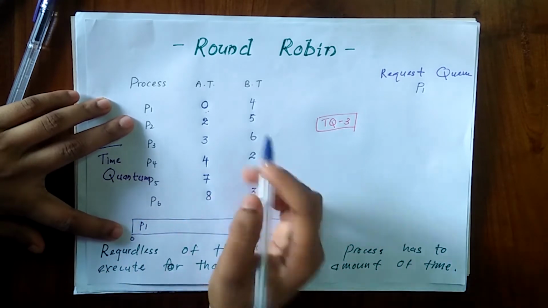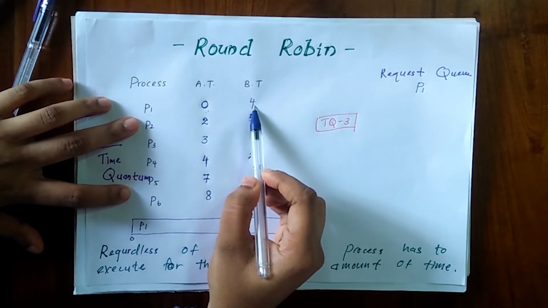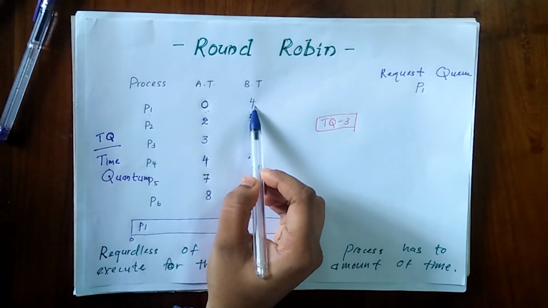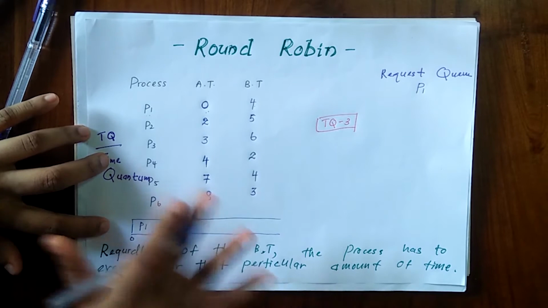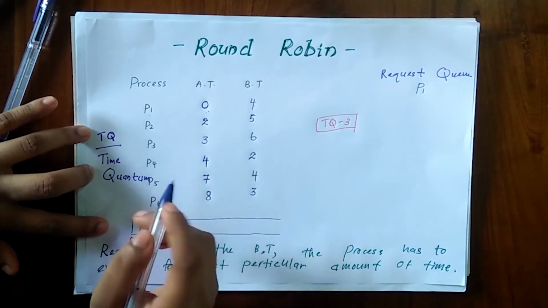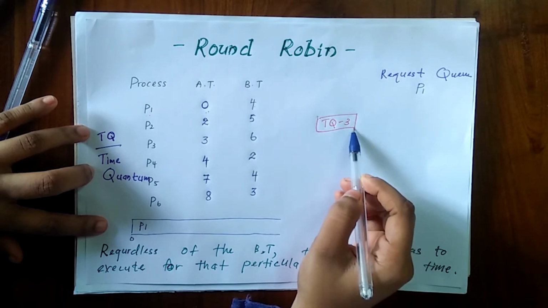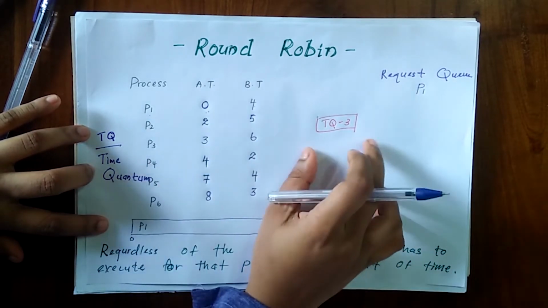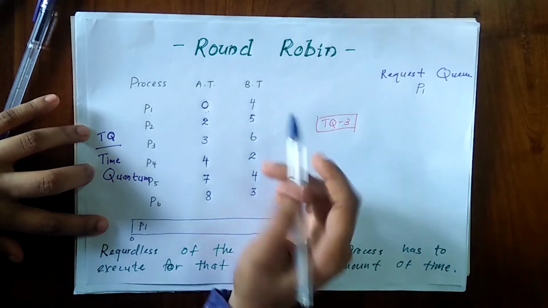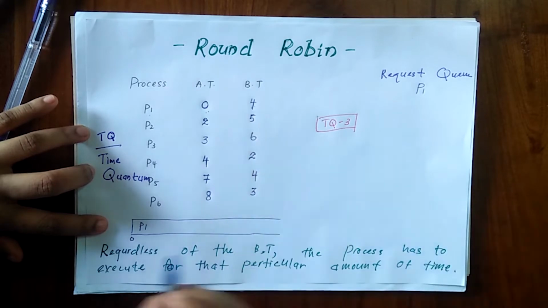Now you can see that P1's burst time is 4. In the previous algorithms, we wrote 4 here without any doubts. But here I told you that we take the time quantum as 3. That means the maximum time the process gets is 3 milliseconds. So even though the burst time is 4, we cannot write 4 here.